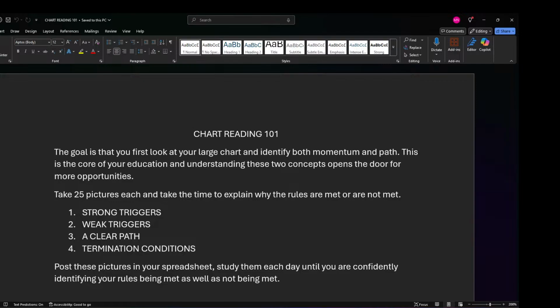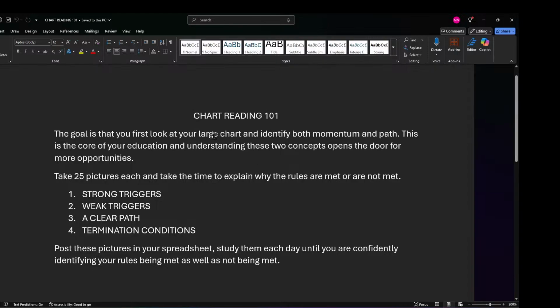And they don't check with me to verify it. So I'm doing this so that if you're the kind of person that doesn't want to check in and verify your chart read, this is going to get you where you want to be, guys. Because the goal is that you look at your large chart first, that you identify momentum and path. This is the core of everything that you're going to do with this software in one way or another.